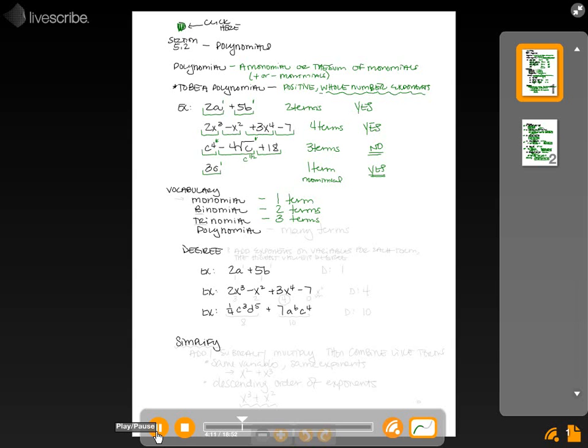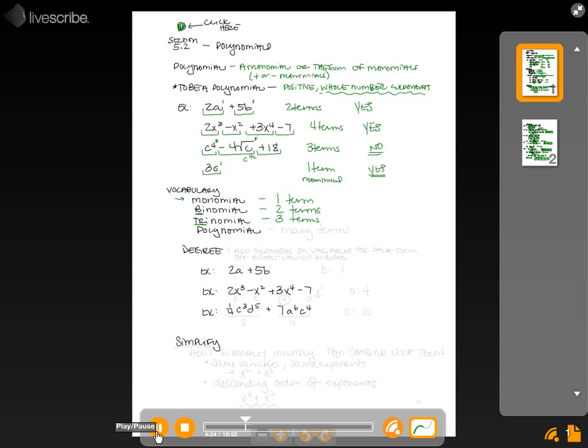Okay, easy way to keep these straight. Like if you had a unicycle, it has 1 wheel. Now this doesn't say unicycle for monomial, but mono means 1. So it has 1 term. Bicycle has 2 wheels. Notice we've got binomial here, has 2 terms.